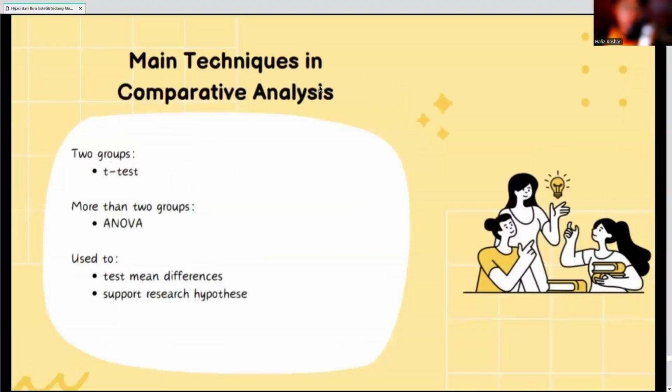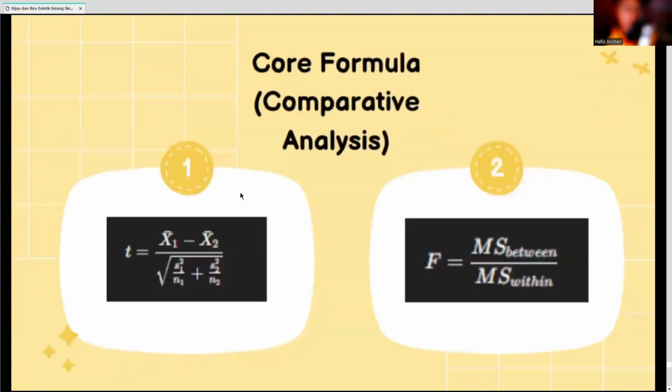Let's move to the main techniques in comparative analysis. For two groups, the first is the t-test, and for more than two groups, it is ANOVA. These two are used to test the mean difference and support the research hypothesis.